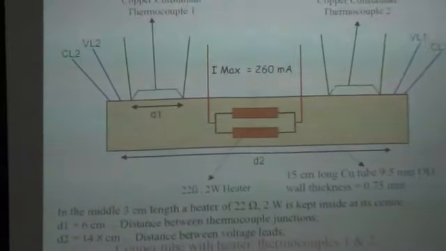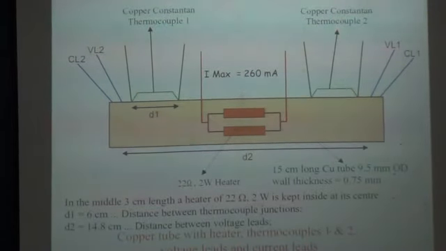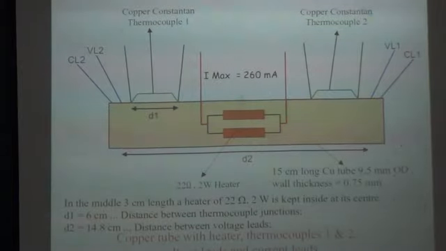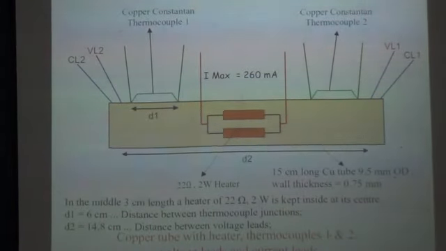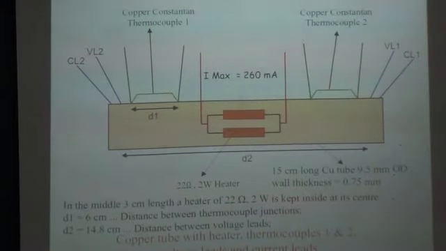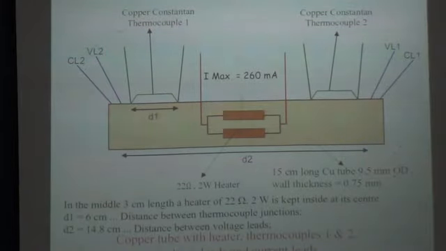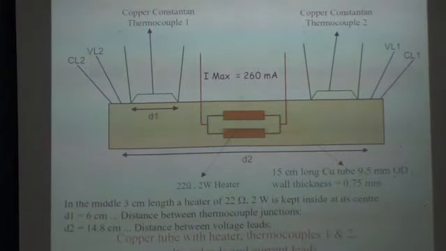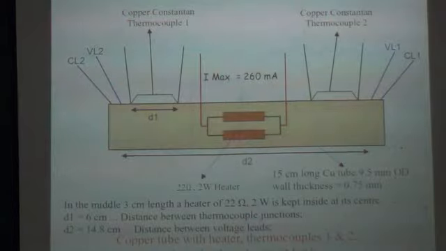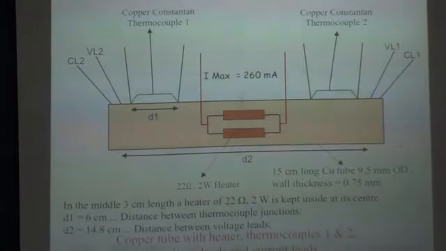That is why while doing the experiment, we will begin with 260 milliampere, and then we will bring down the current by 20 milliampere every time: 260, 240, 220, etc. Suppose you are going to take 5 readings, so you have to begin with 260 for this thermal conductivity and bring it down to 200 or 180 milliampere. Upper limit should not exceed this, otherwise the heater will burn.